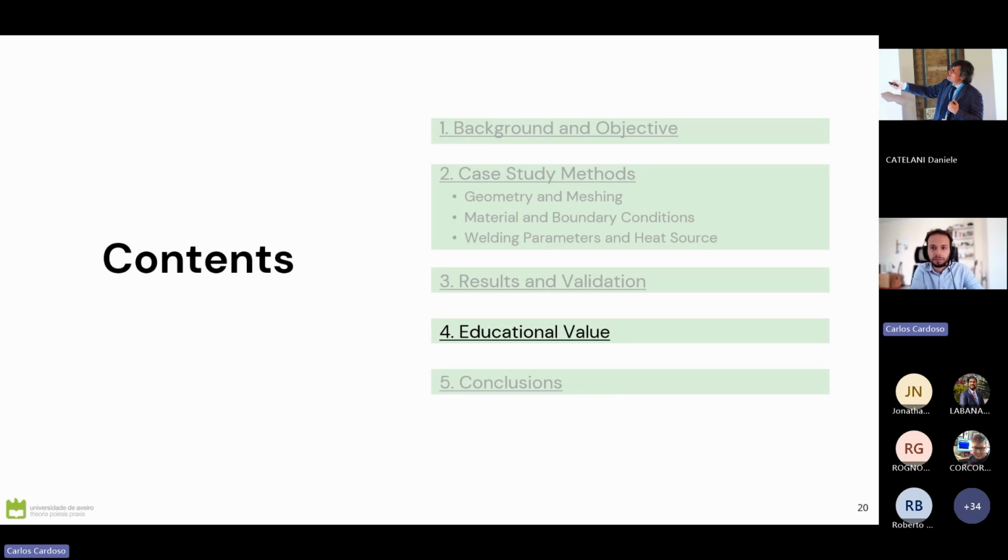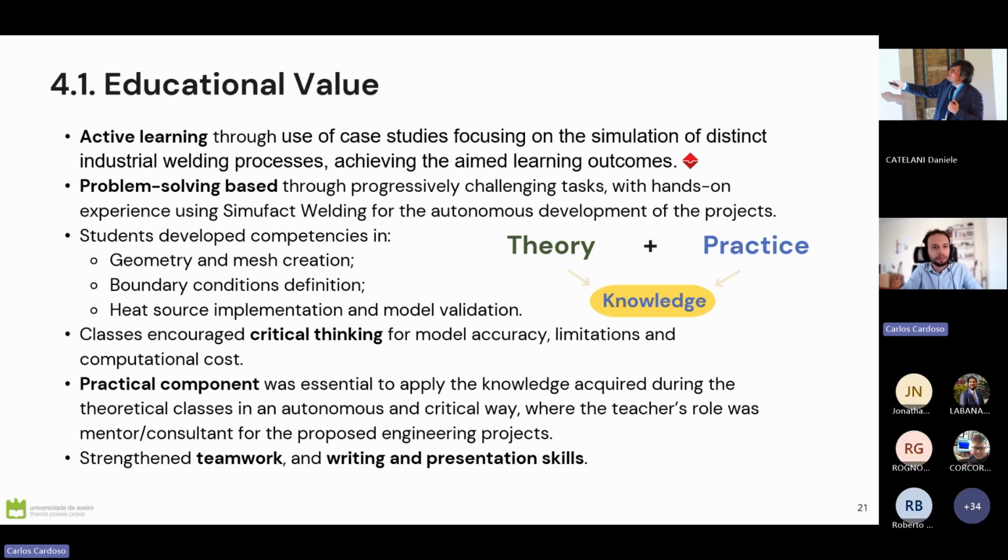Beyond numerical results, one of the main outcomes of this final project was its educational value. To summarize the components that were extracted from the course, the students directly applied the theoretical principles learned in class using the Simufact software. This experience promoted active learning, since they not only were following instructions, but also troubleshooting and interpreting results from the modeling examples given prior to the project.